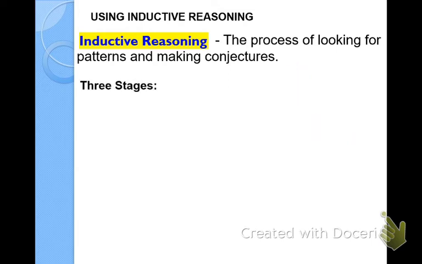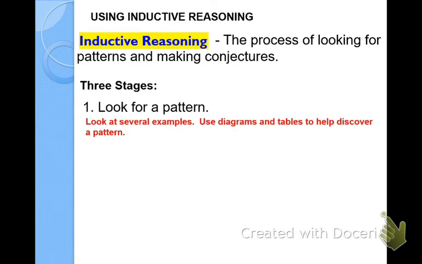Okay. The 3 stages of inductive reasoning when we're looking at patterns. The first one is to look for a pattern. So you're going to look at examples. You can just write what's in black. You look at examples, use diagrams and tables to help discover the pattern. Number 2, you make a conjecture.